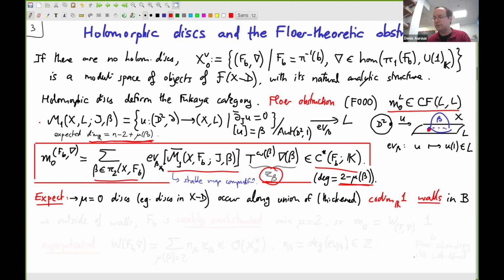Okay, so in practice, we see that Maslov index 0 disks occur along a union of complex hypersurfaces in your ambient space, and those want to project to be along something that's kind of skinny, like a tropical hypersurface in B, as long as the complex structure on X is sufficiently stretched towards the tropical limit.